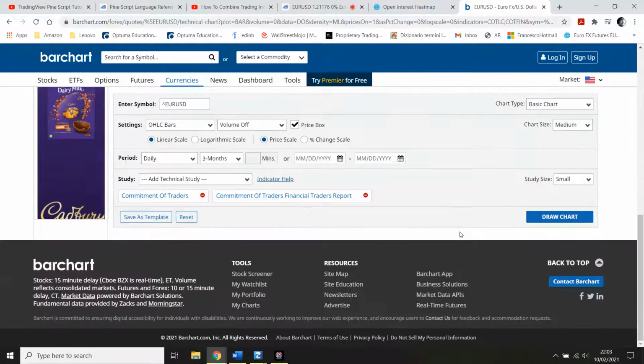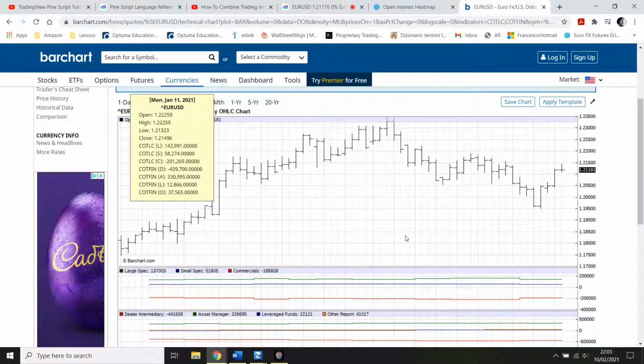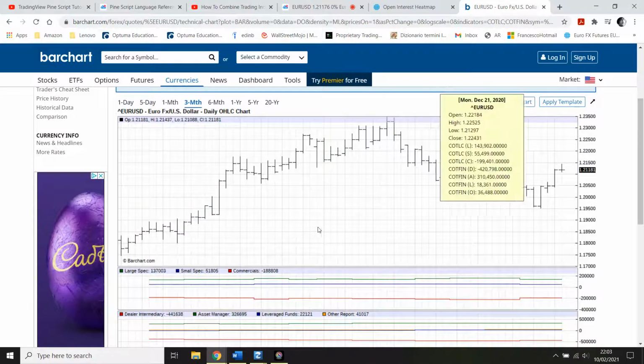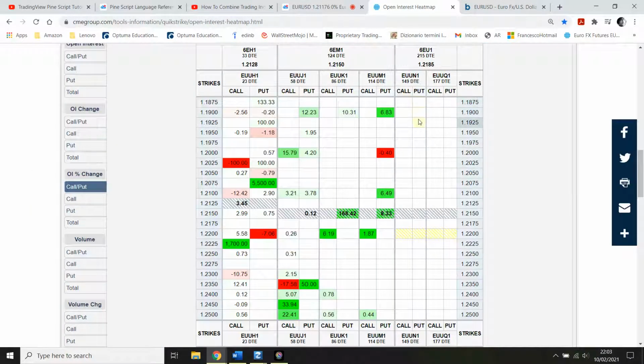Of course, you can look at the data, and it would be really good to do a study of this, hypothetically, where you see the COT data, you put the volume from futures and the change from options, package it all into a series of indicators, plot them onto a chart, and do a study of signals between price levels and volume change and open interest change in options, for example, as well as COT.